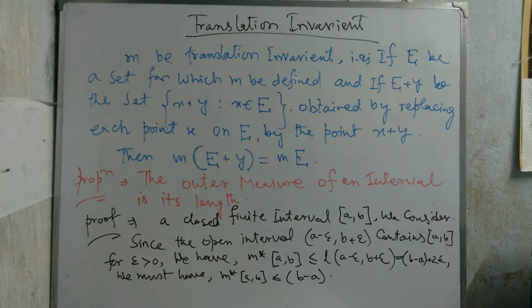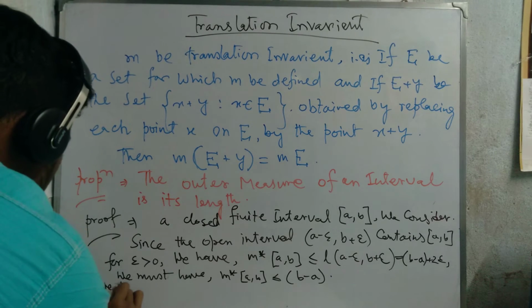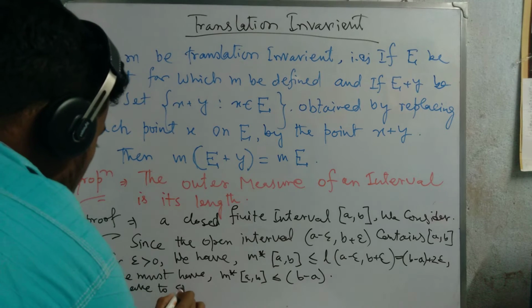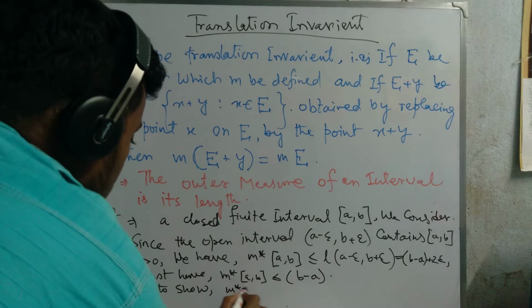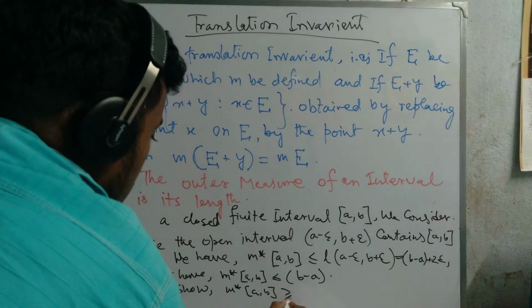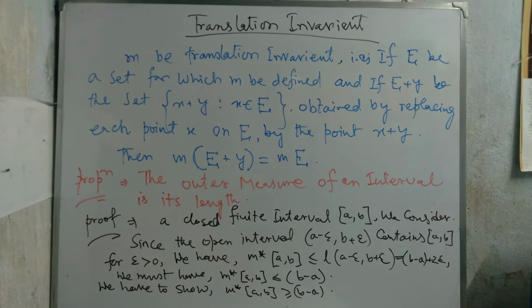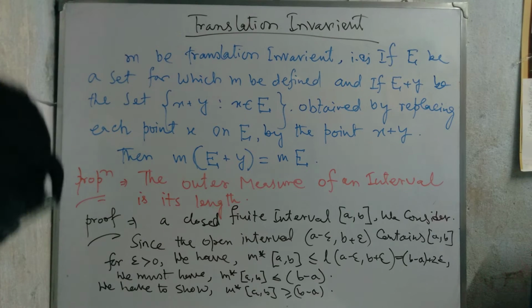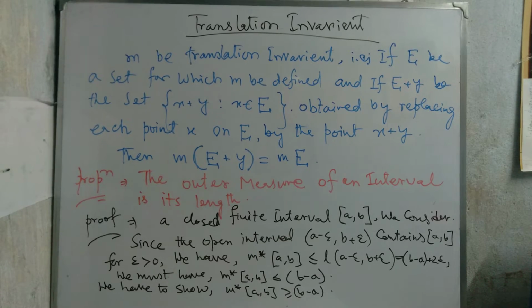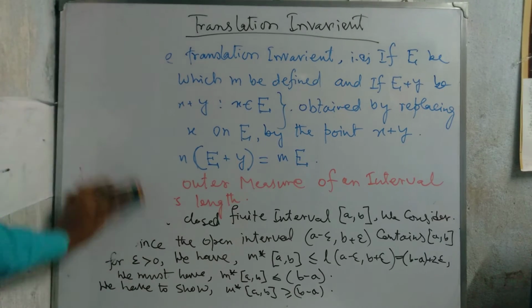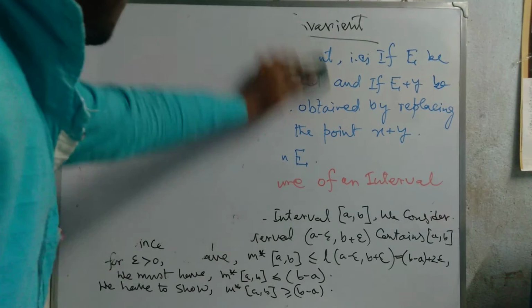Now we only have to show that m star of [a, b] is greater than or equal to b minus a. How do we show this? We erase that portion and go on to further discussion. Then one portion is done.